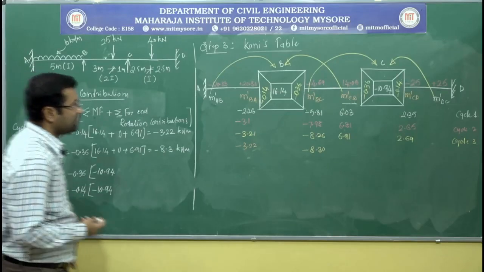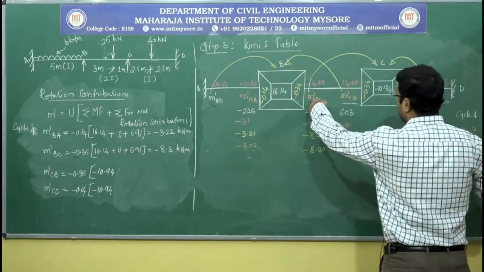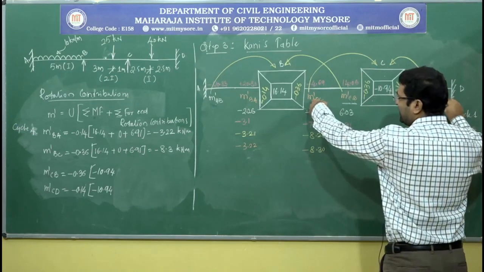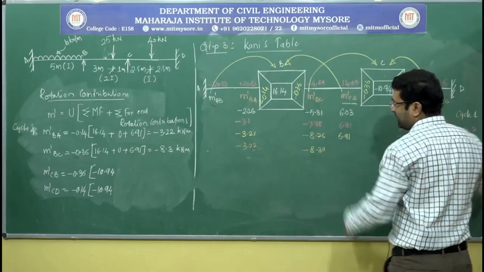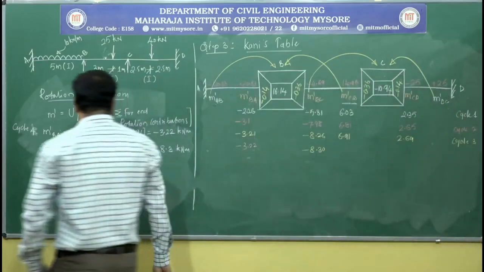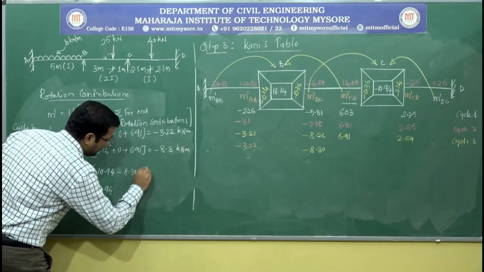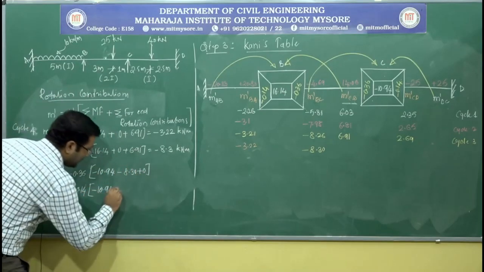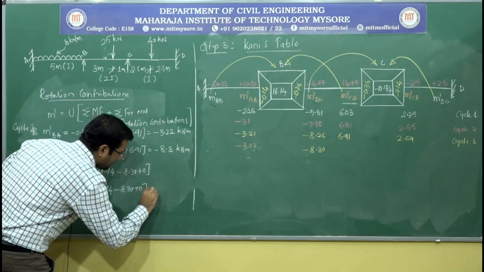And for M dash CB, the far end moments are M dash BC and M dash DC. So here the new value for M dash BC is minus 8.30 plus 0.